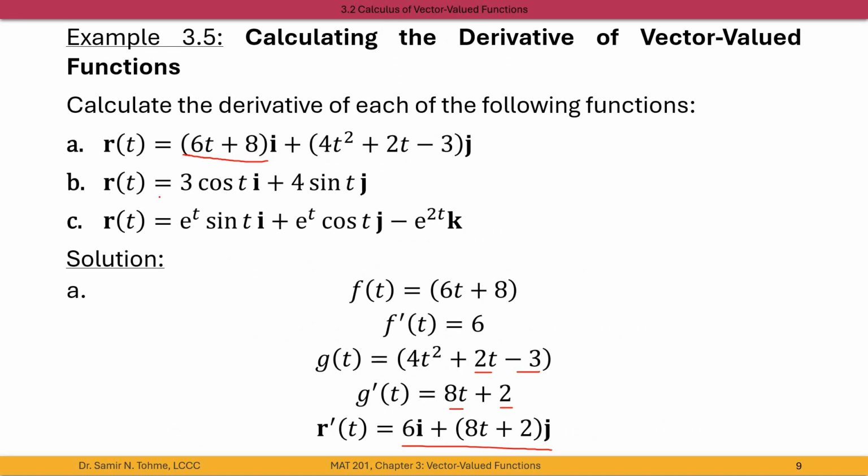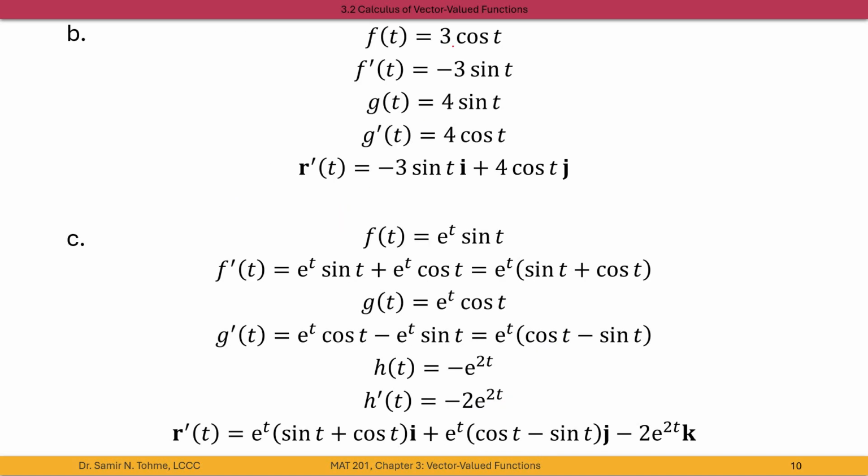For the second part B, we have this vector function, also a two-dimensional vector function. Let's start with the x component, which is 3 cosine t. The derivative of 3 cosine t is minus 3 sine t, because the derivative of cosine t is minus sine t.